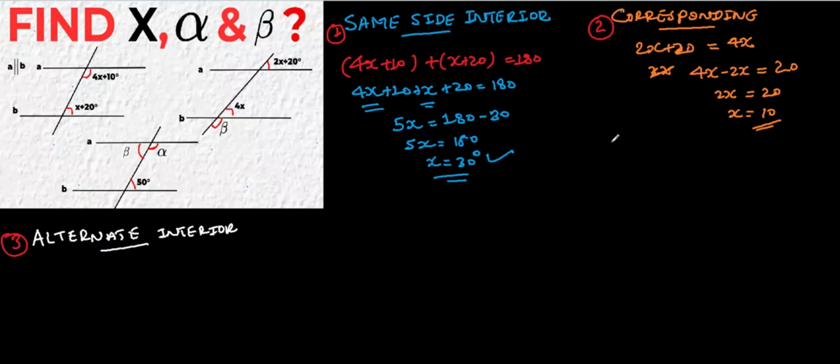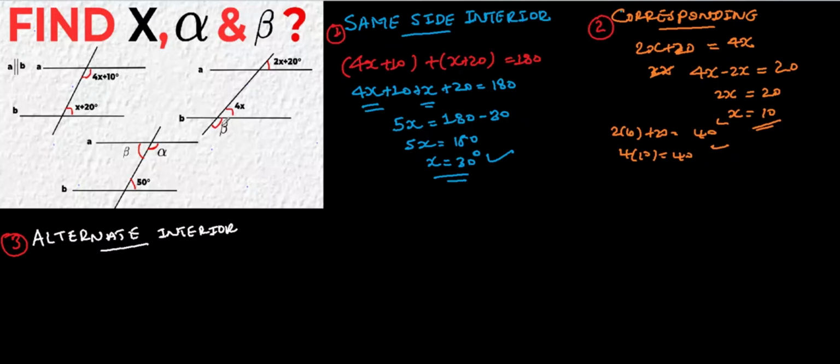So the angles are 2 times 10 plus 20, which is 40, and 4 times 10, which is 40. So these angles are equal.